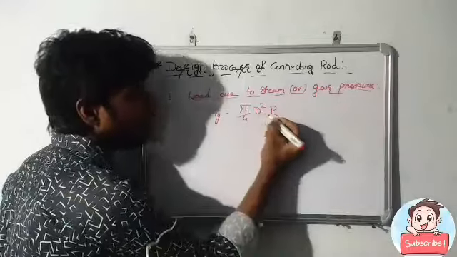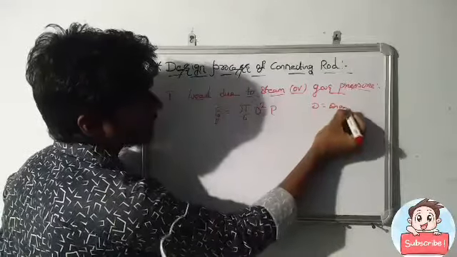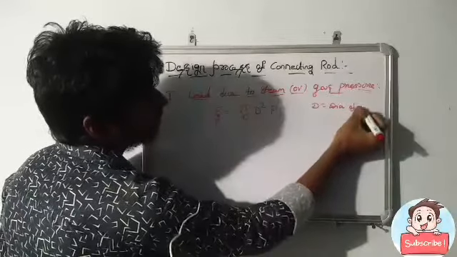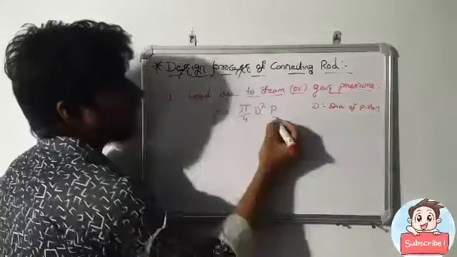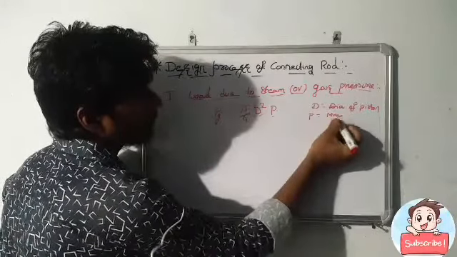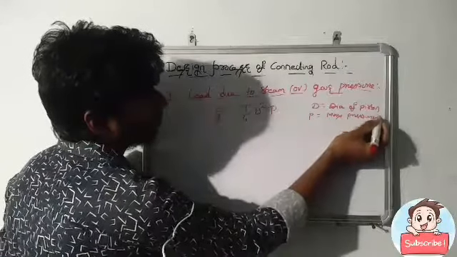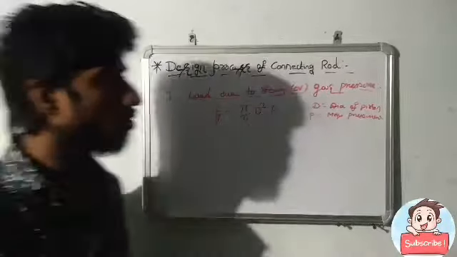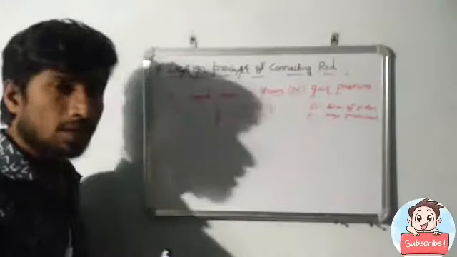Here D is the diameter of the piston, and P is the maximum pressure developed in the cylinder. So this is about the first step, and let's go to the next step.